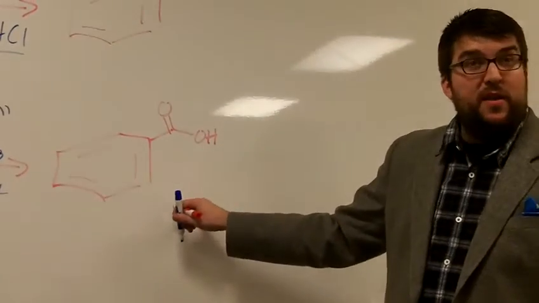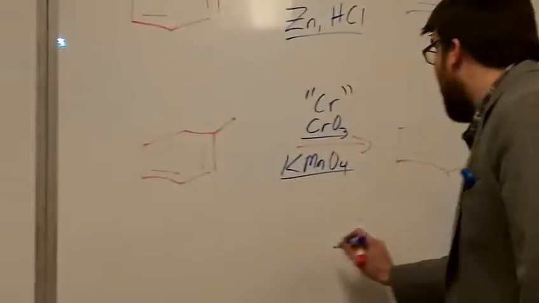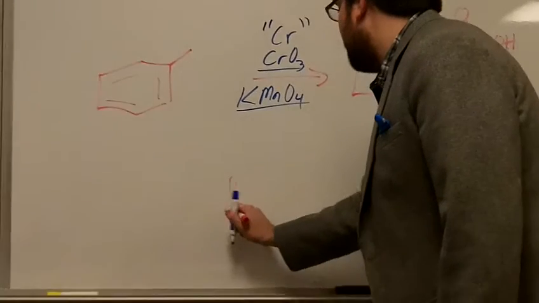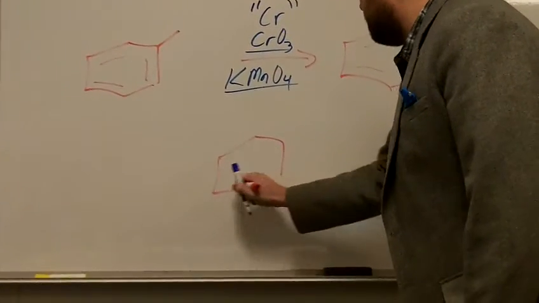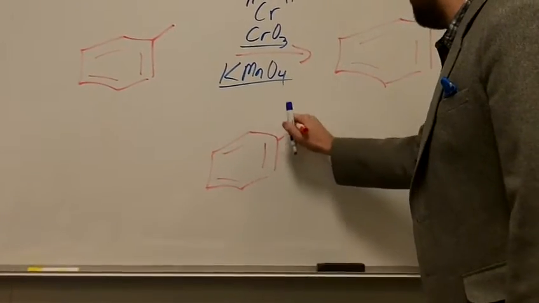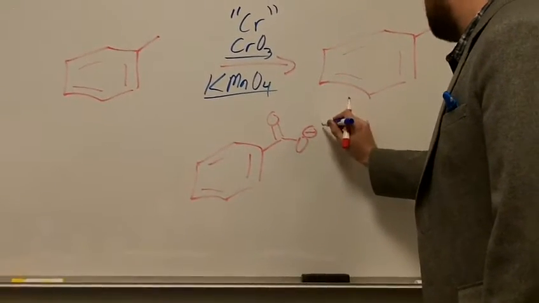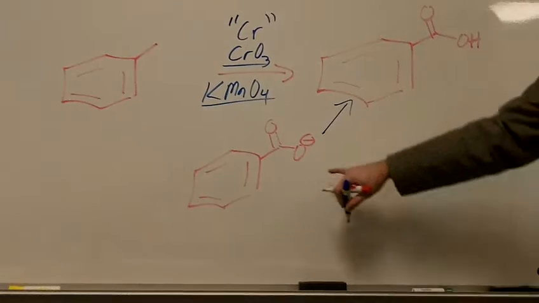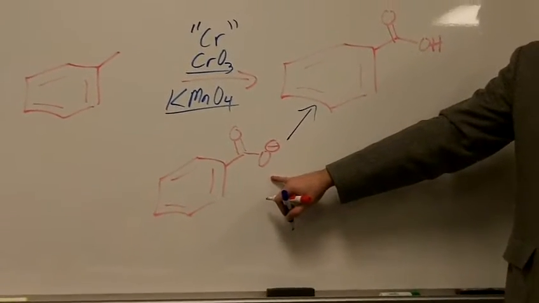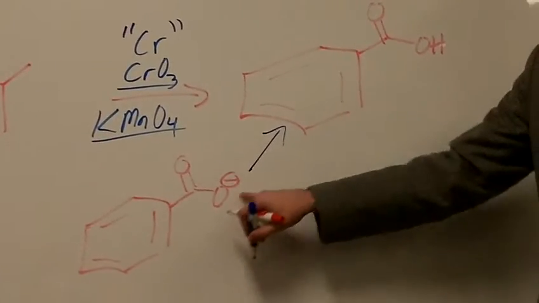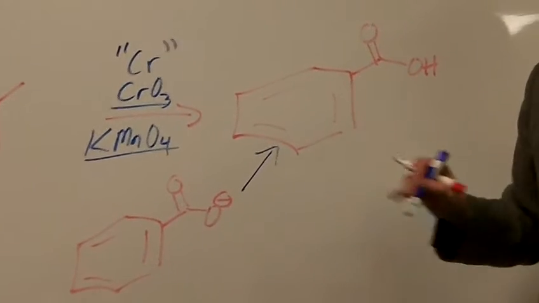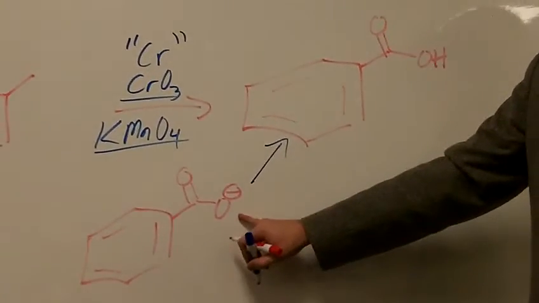But originally, there's an intermediate that we failed to mention. At first, it's like this. It's a carboxylate. There's an O minus. So what do I need to add to go from here to here? That's O minus.